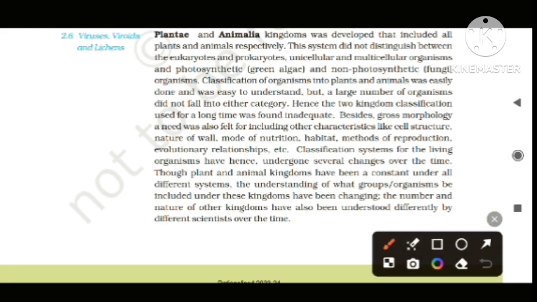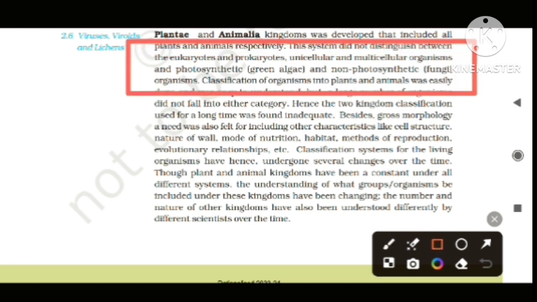These are the non-photosynthetic organisms, and Aristotle and Linnaeus's classification does not mention these terms. These all are the exceptions of their work.